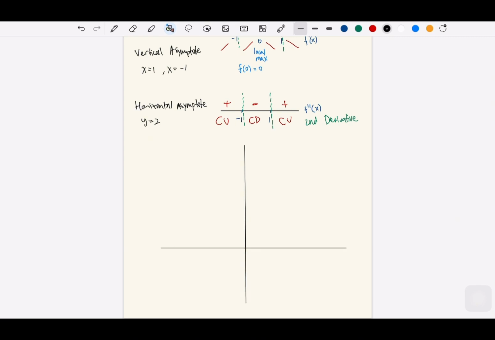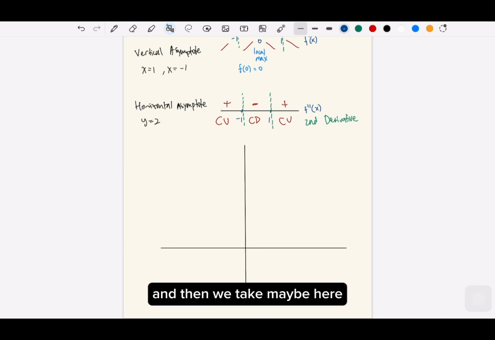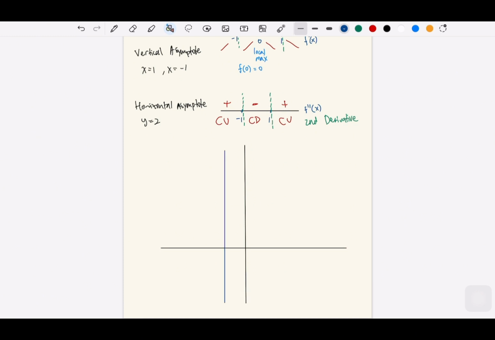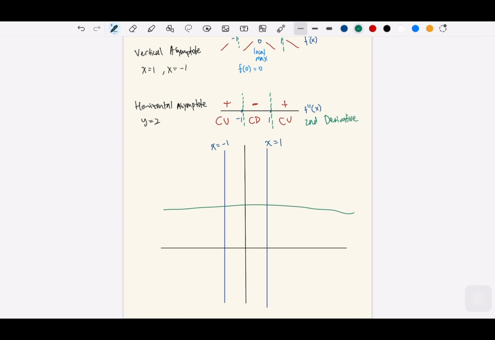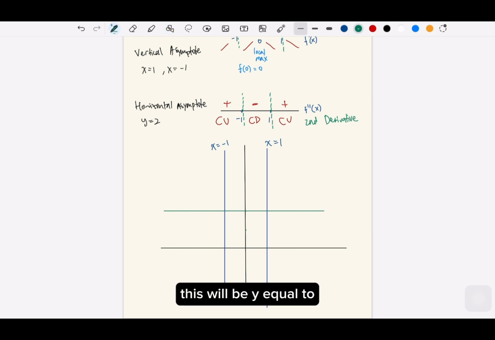And then maybe here and there are our asymptotes. This is x equal negative 1, 1, and this will be y equal 2.